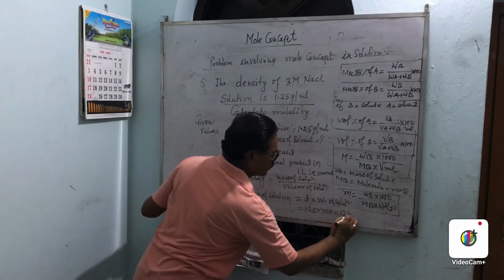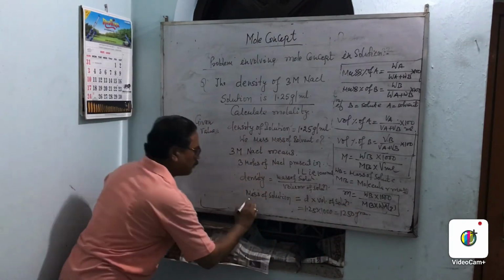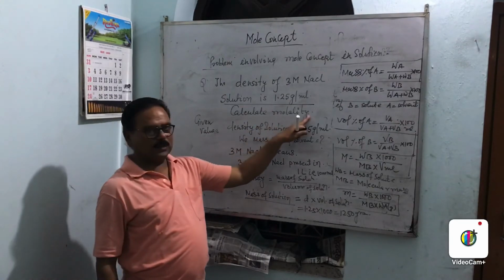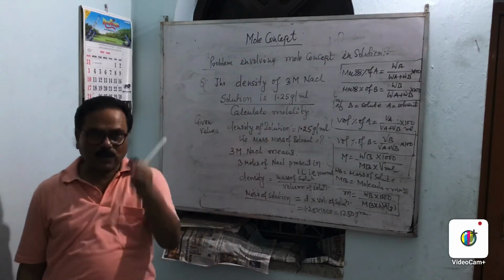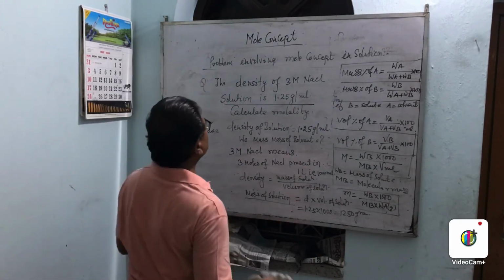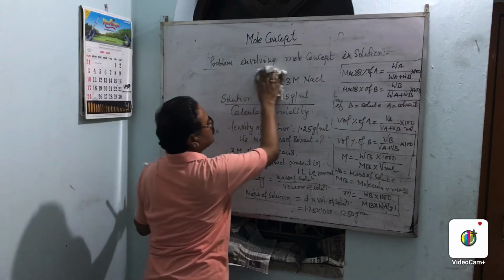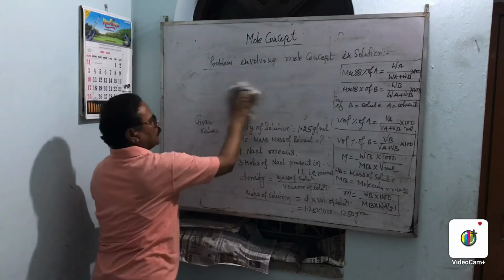So this is equal to 1250 gram, the mass of the solution. But to calculate the molality, we never use the mass of the solution. We need the mass of the solvent. Now the problem arises, how do we calculate the mass of the solvent? So we erase it. So see, now.